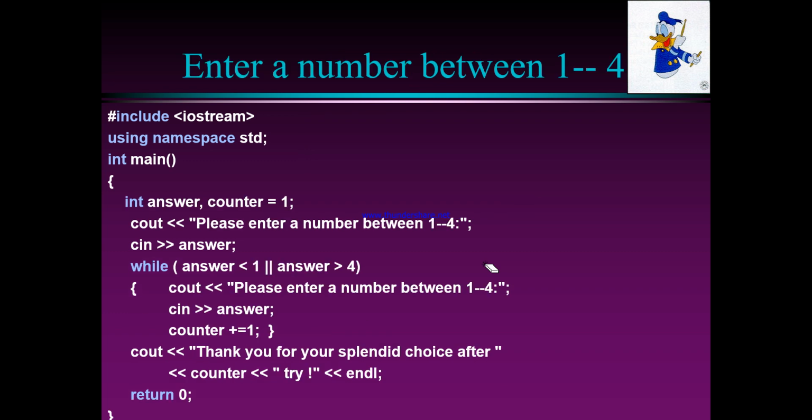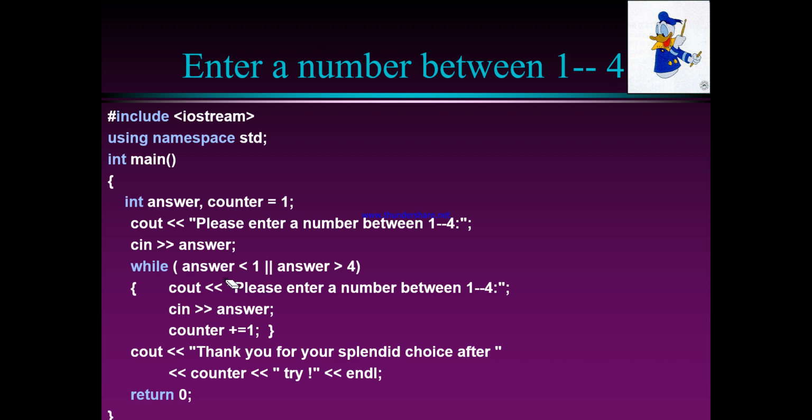See another example. This is an example where we are asking, please enter a number between 1 and 4. We are asking the user to input a number between 1 and 4.